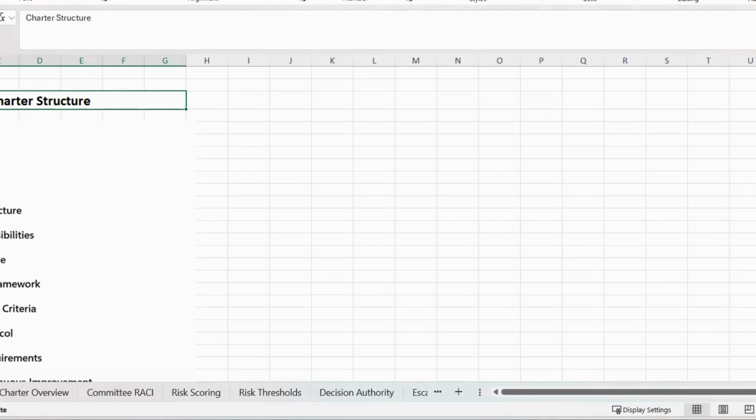Now, according to the XLP Industrial Trust Audit and Cyber Risk Committee Charter, a charter is a formal document defining the structure, the roles, the responsibilities, and meeting requirements of that particular committee.